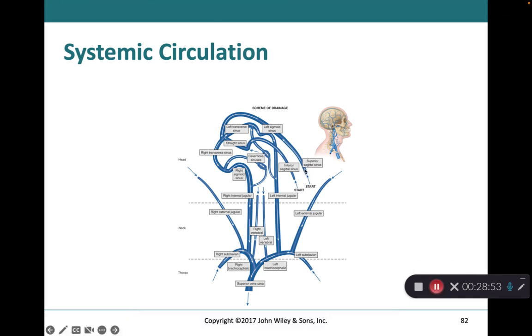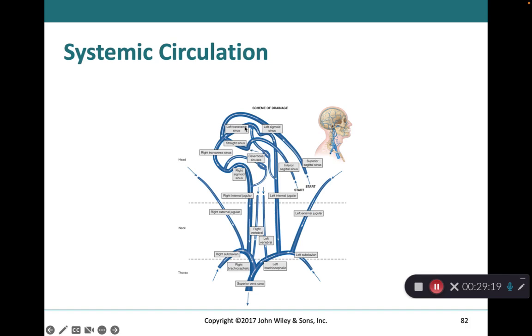Okay, so starting here in the sagittal, we have a superior and inferior sagittal sinus. So let's start with the superior. So these take blood from the falx cerebri, or they're found in the falx cerebri area. So this goes into like this junction of sinuses.